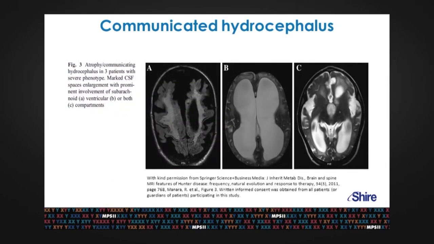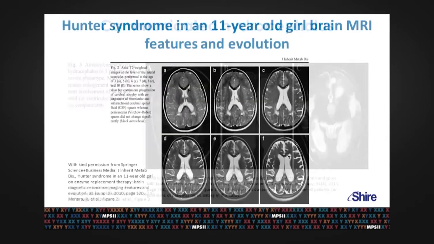Here is a very nice and informative picture from the Manara publication. This is atrophy, communicating hydrocephalus, and marked CSF space in the subarachnoid space, in the ventricles, and in both.